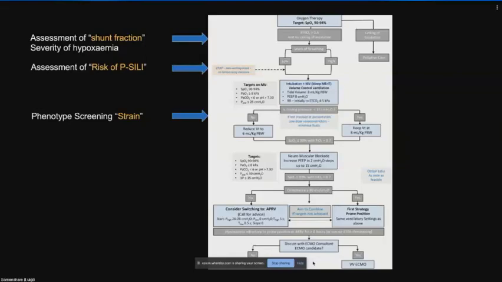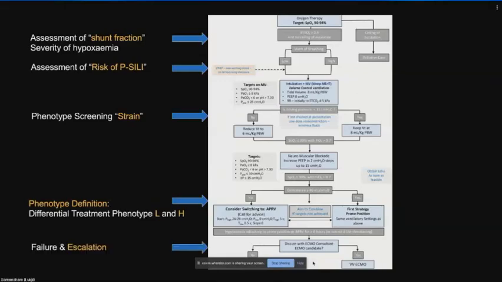And then we screen for strain, so the likelihood of an injurious ventilation in terms of tidal volume. And then in terms of PEEP and recruitment and prompt positioning, an early identification of the phenotypes. And finally, the failure and escalation strategy when we look for extracorporeal support.